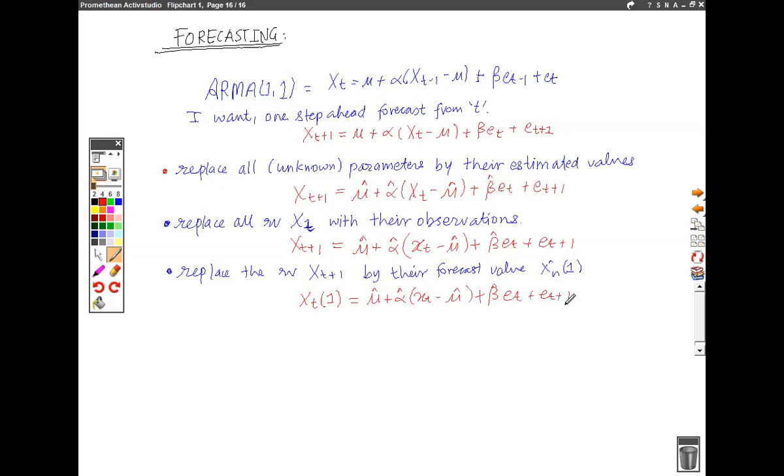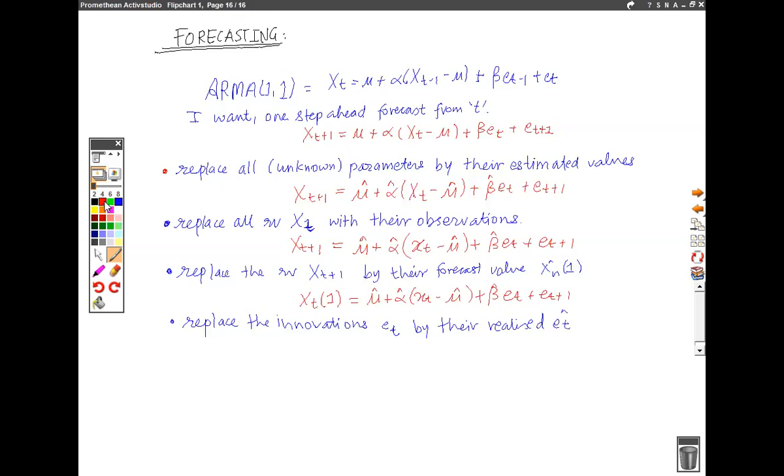Okay. And the next step will be to replace the e's that you have. So replace the innovations that you have. Here you only have et and et plus 1, and you already know the value of et, which you substitute, so you know the realized value will be et hat.